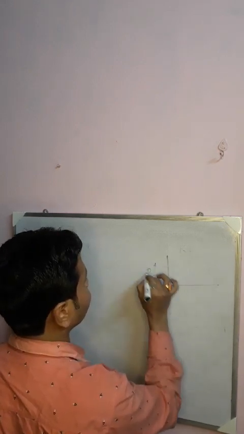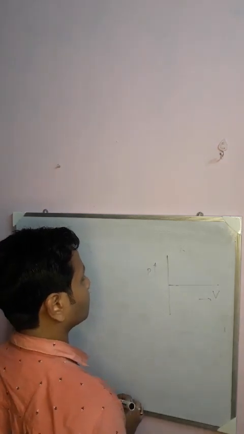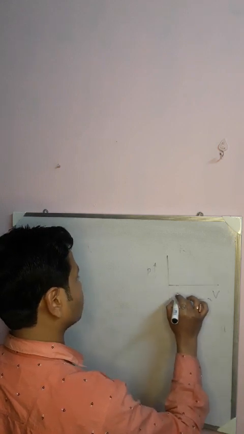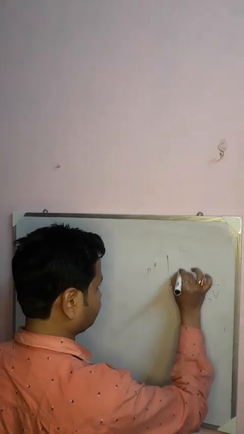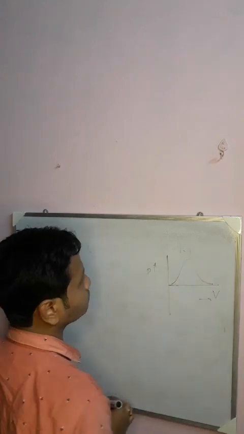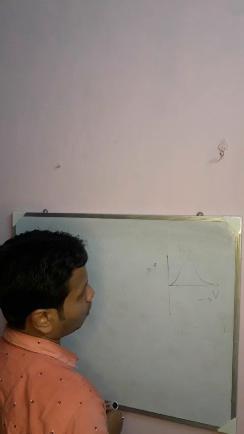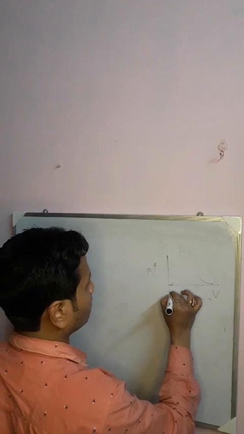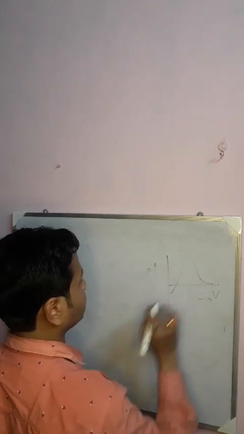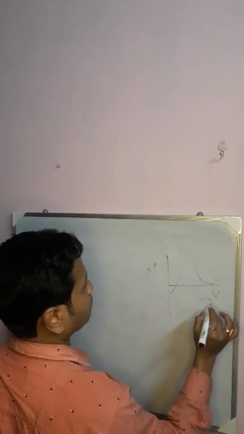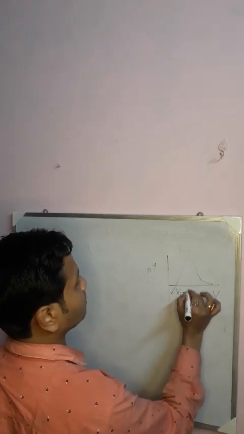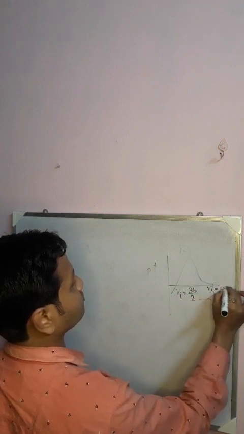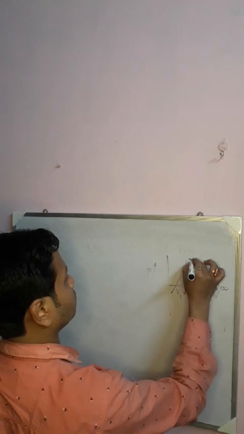This is simply P and this is simply V. There is an intercept. So clearly this Vi is 3b by 2 and this Vi is infinite. So for these two values of Vi you will get two inversion temperatures.